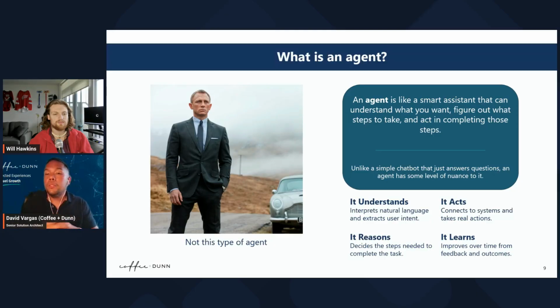It determines the sequence of steps, decisions, and conditions needed to complete the task effectively. It does have a semblance of critical thinking where it can decide what topics or what type of action to route based on the language received. And it learns. It improves over time by incorporating feedback, outcomes, and evolving context to refine those future responses and actions. So it really is just so much more nuanced than a chatbot, as we were mentioning.